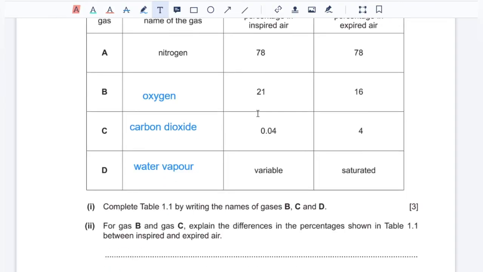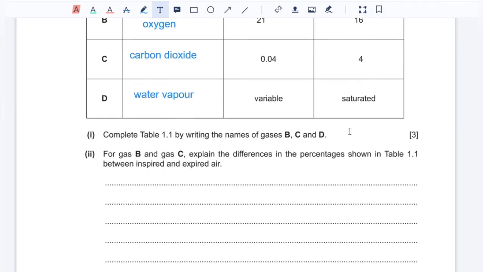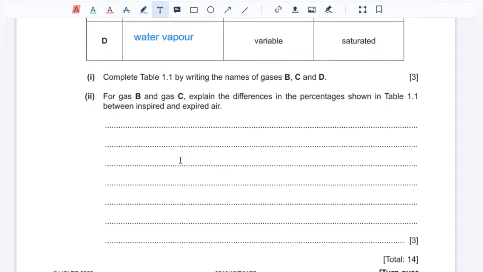As a result, when it's used up, the concentration will be decreased in the expired air. As for carbon dioxide, it's produced as a waste product of respiration, and so it will diffuse from the capillaries surrounding the alveoli into the alveoli, which will then be exhaled, and so the percentage of carbon dioxide is going to be greater in expired air compared to inspired air.